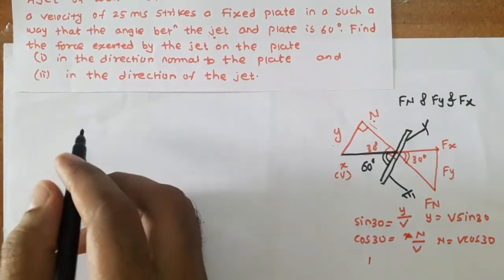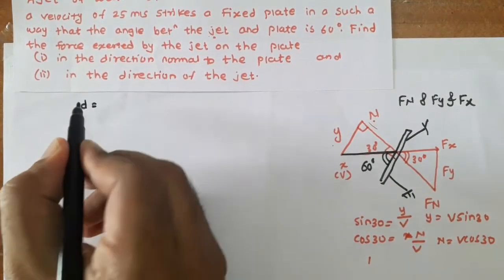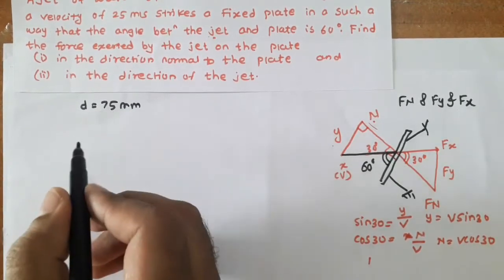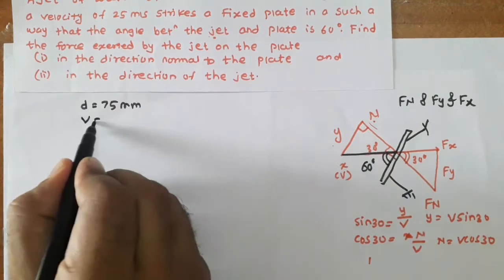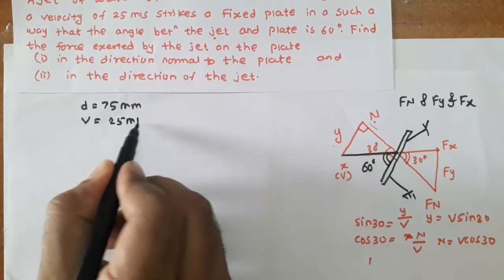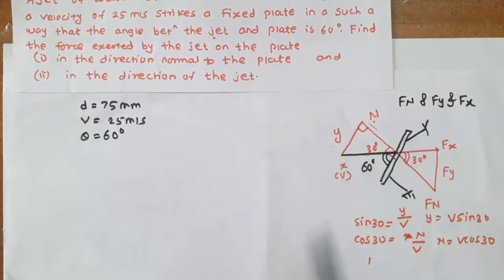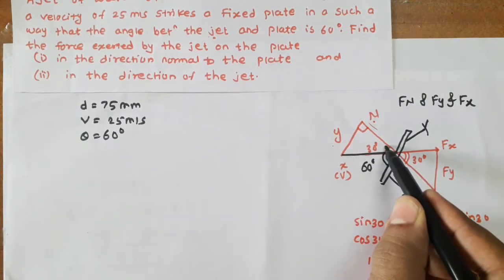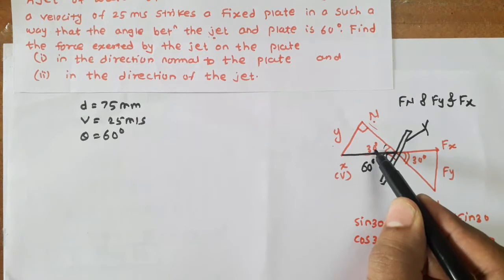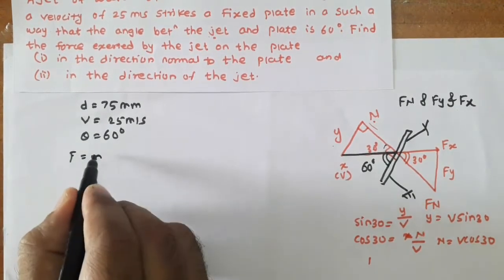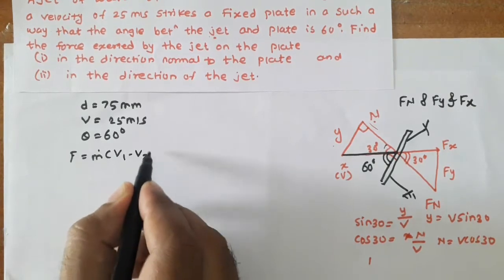So friends, write down the given data first. The diameter of the jet is 75 mm. The velocity of the jet is 25 meters per second, the plate is fixed, and the angle theta is 60 degrees. But we know that the inner angle of the triangle is 30 degrees. From the impulse momentum equation, F is equal to m dot (v1 minus v2).